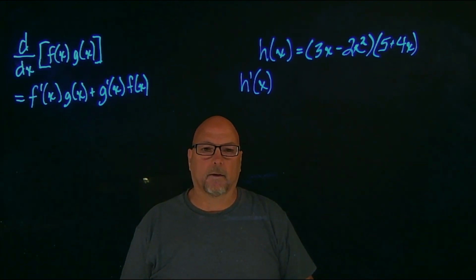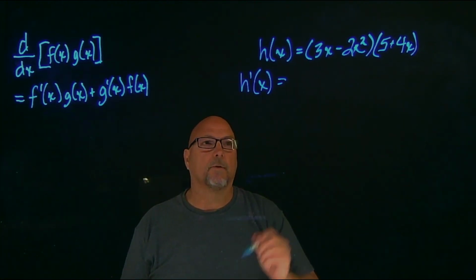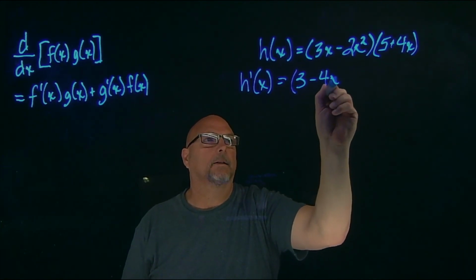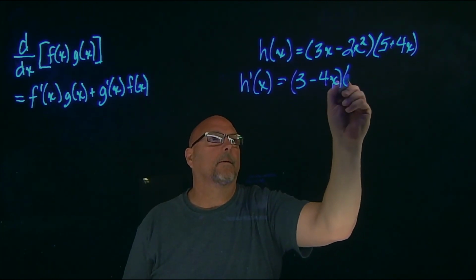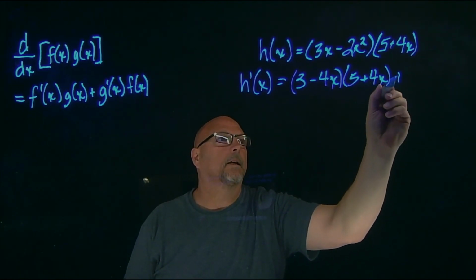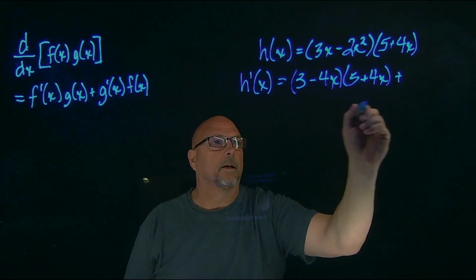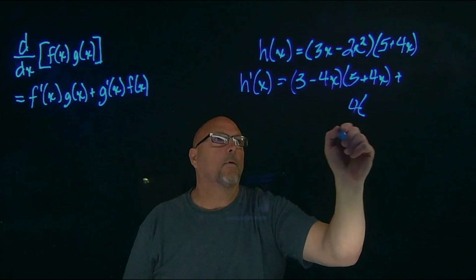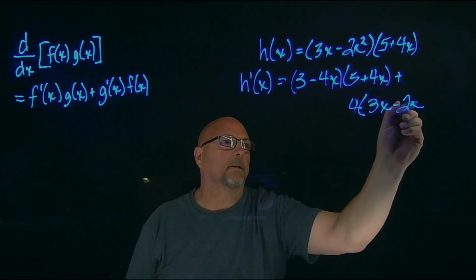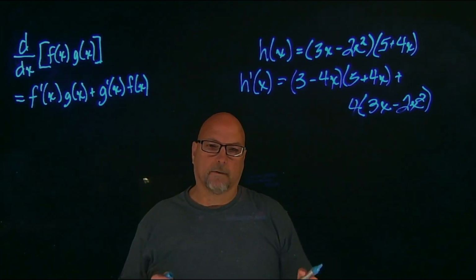But just to get the first example here, we would say the derivative of that is the derivative of the first, which is 3 minus 4x, times the second, 5 plus 4x, plus the derivative of the second, so I'm going to take the derivative of this and move it down here, which would be 4 times the first, 3x minus 2x squared. So as of right now, you've taken the derivative, all right?